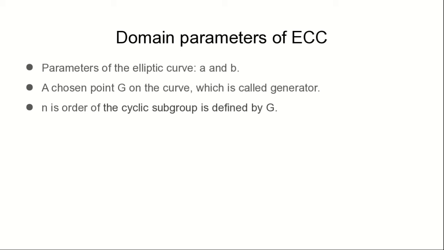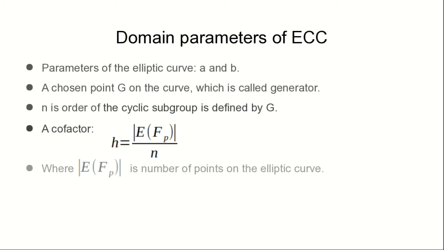With G, we can form a cyclic group, and n is the order of that subgroup defined by G, and a cofactor h defined by that equation, where the numerator is the number of points on the elliptic curve.